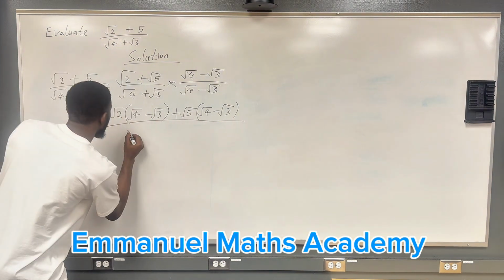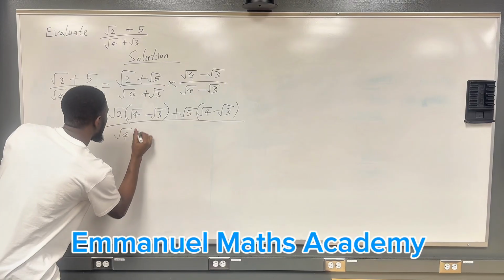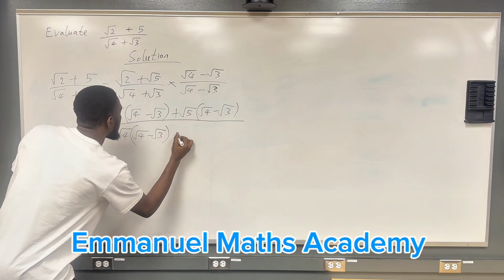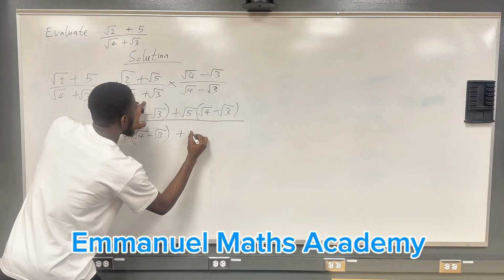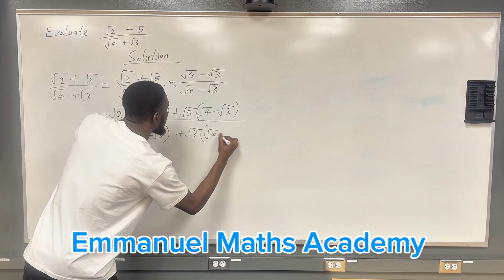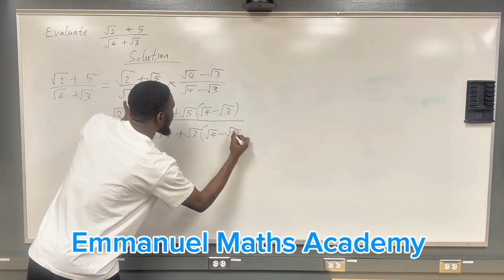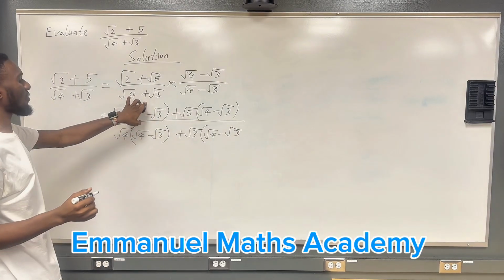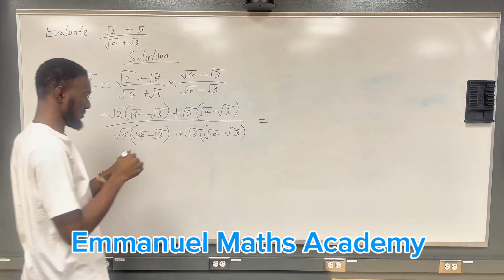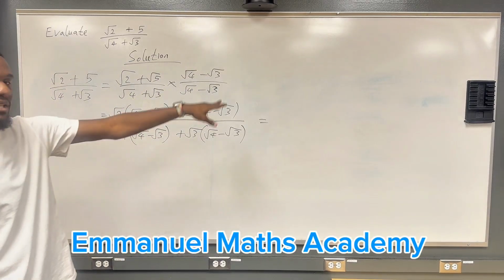We'll do the same thing here: root 4 into root 4 minus root 3, plus root 3 into root 4 minus root 3. Right?